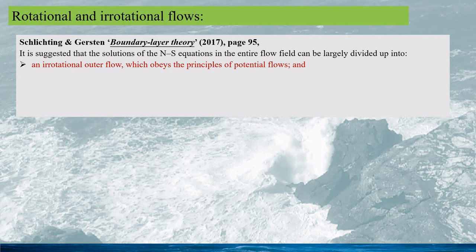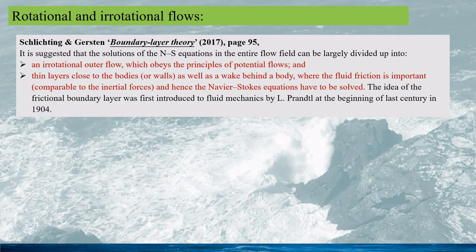The outer flow can be regarded as an irrotational flow, and can be studied using the potential flow theory. And the flow within the thin layer close to the body or wall, as well as the wake behind the body, where the fluid friction is important, therefore the Navier-Stokes equation must be solved.